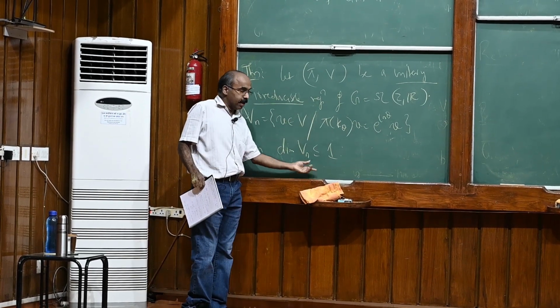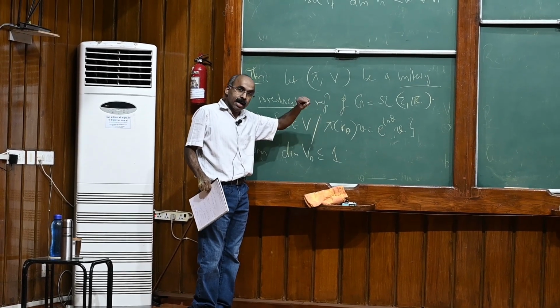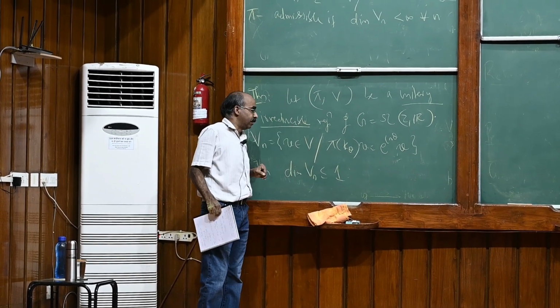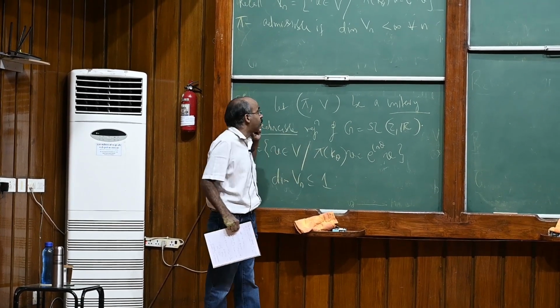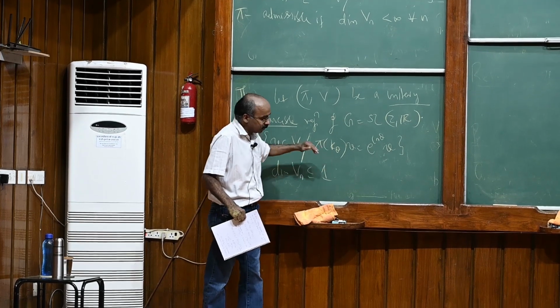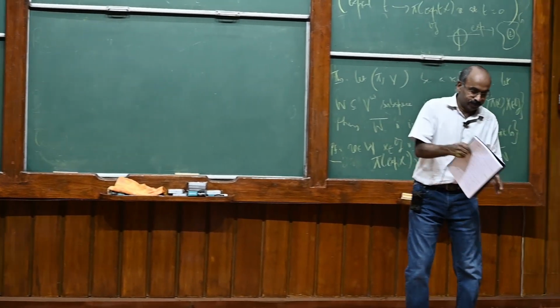Here the dimension of V delta will be at most d delta squared, where d delta is the dimension of the representation. That is the major theorem of Harish-Chandra, which in the case of SL2R is not very difficult to prove.